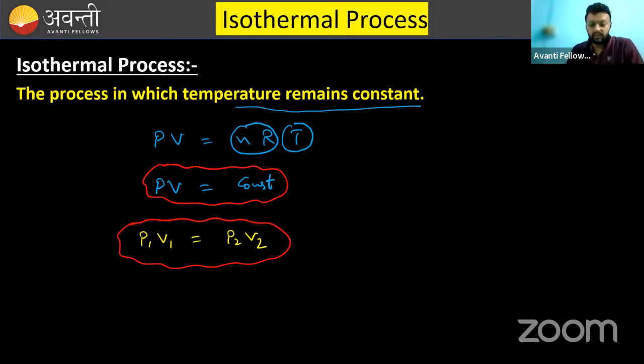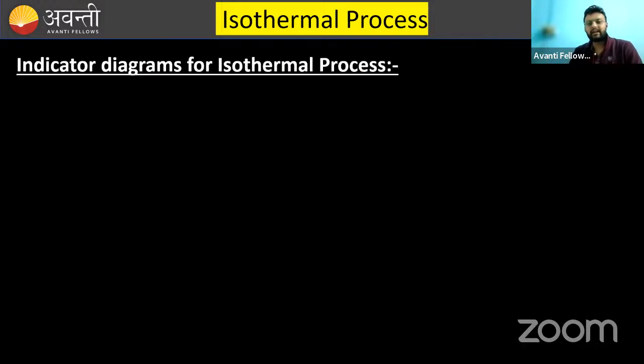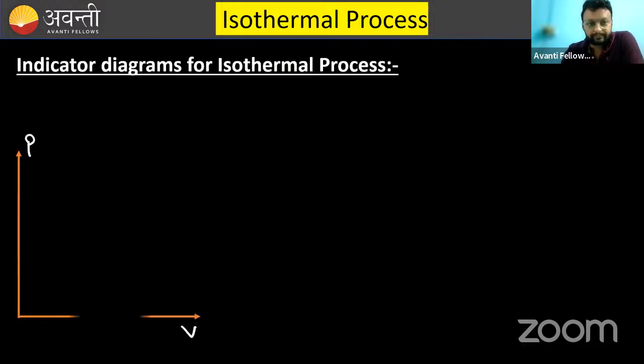Okay. Now, we will draw some indicator diagrams for the isothermal process. First is the PV diagram. What is the relation between P and V? The relation between P and V is PV equals constant, which is going to be a hyperbola, and it will look something like this.